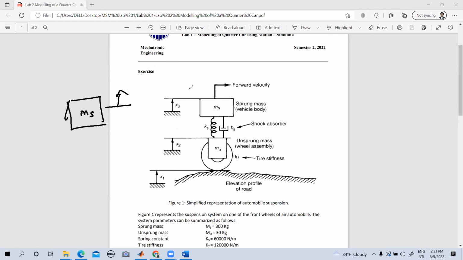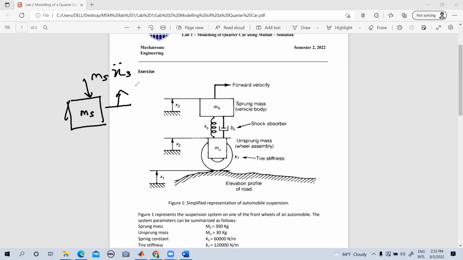But the overall force, let's assume that it's acting in this direction. So we have Ms times the acceleration. The direction actually doesn't matter. If you assume the direction wrong, it will come out as a negative value. So this is the force, right?